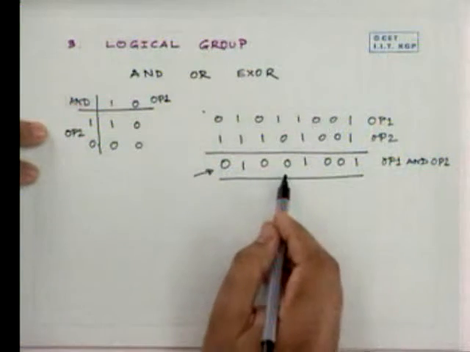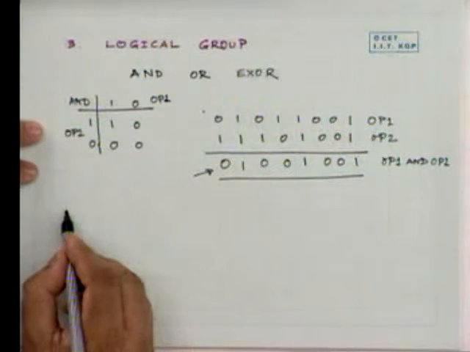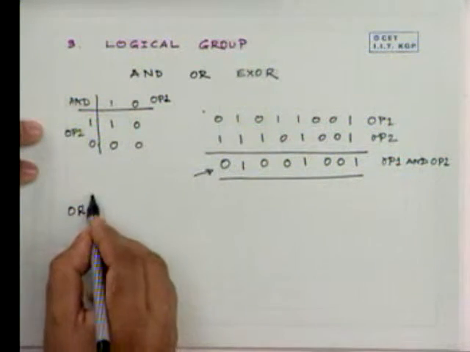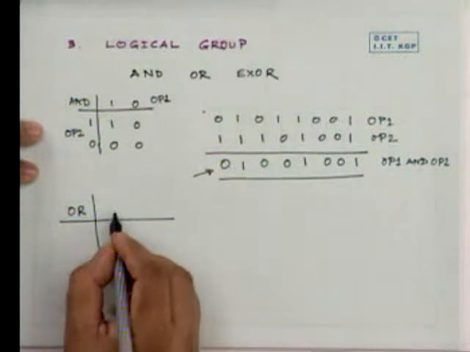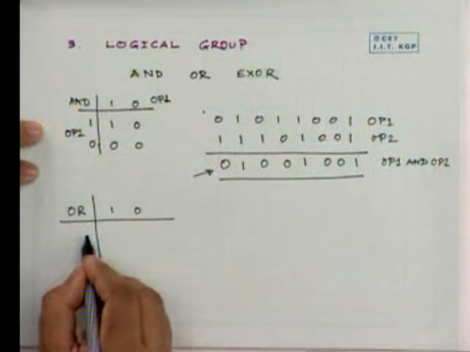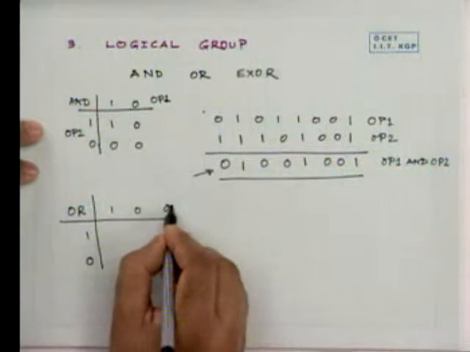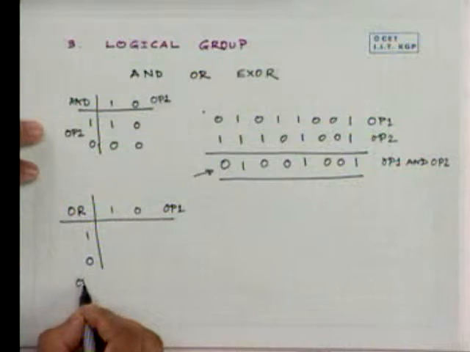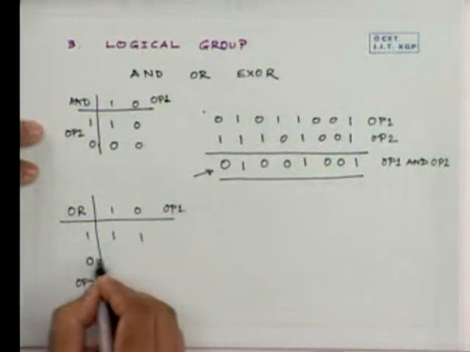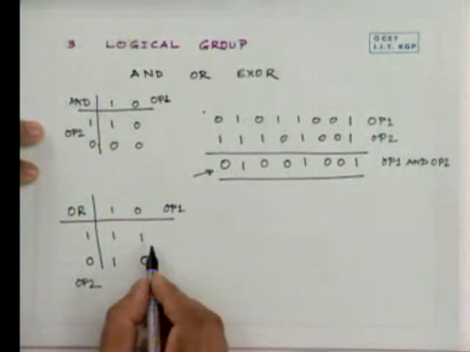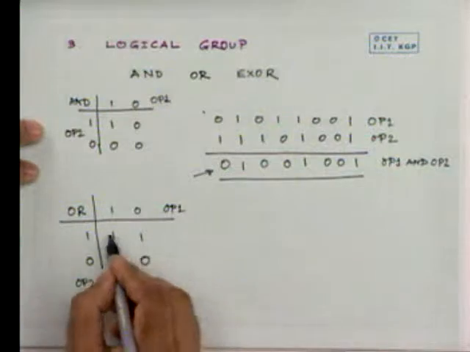Okay. Now, similarly, in the case of an OR operation, the operation that will take place bit by bit is, if it's 1, 0, 1, 0, this is operand 1, say, this is operand 2, then this will be 1, this will be 1, this will be 1 and this will be 0. That means if both of them are 0, then the result is 0, otherwise the result is 1.